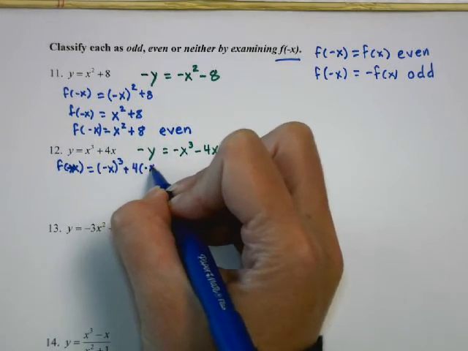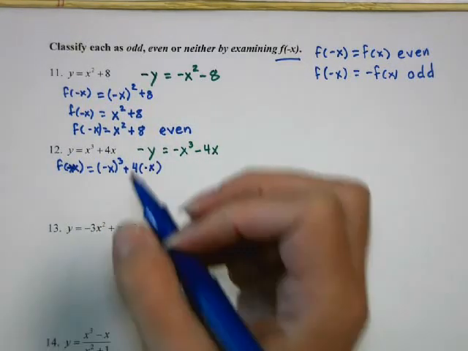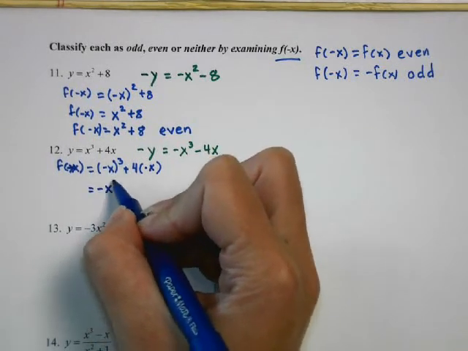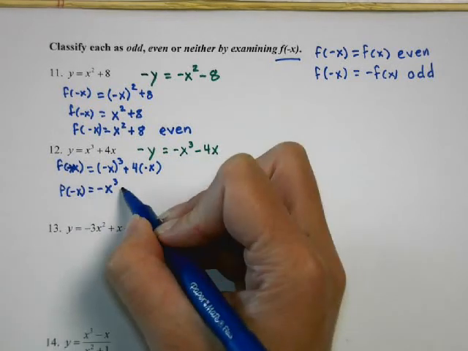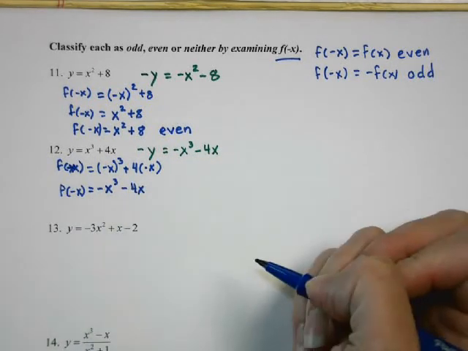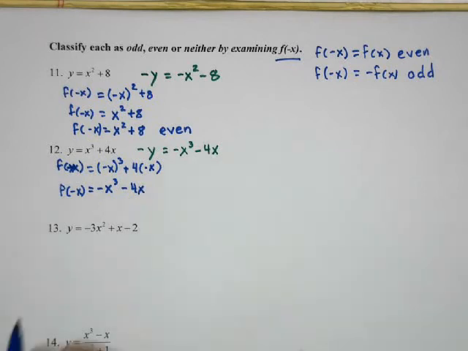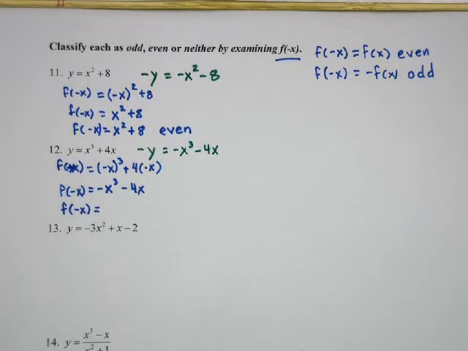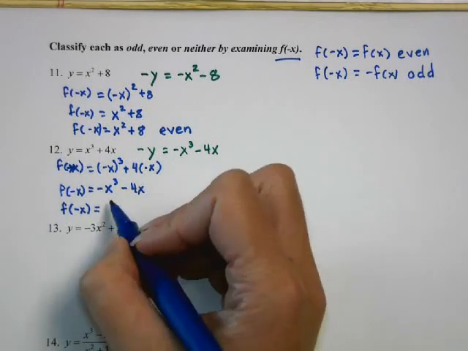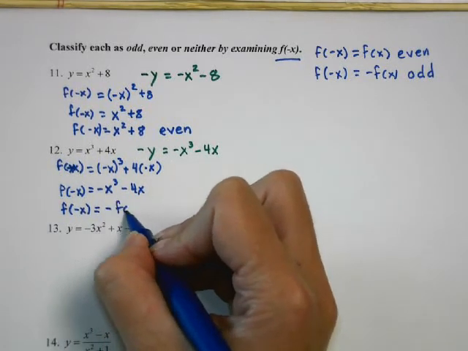Okay, simplify that. We're going to have negative x cubed minus 4x. Well, that and that are the same. So we're saying f of negative x, when I evaluated the function at negative x, I got exactly the opposite, which makes this odd.